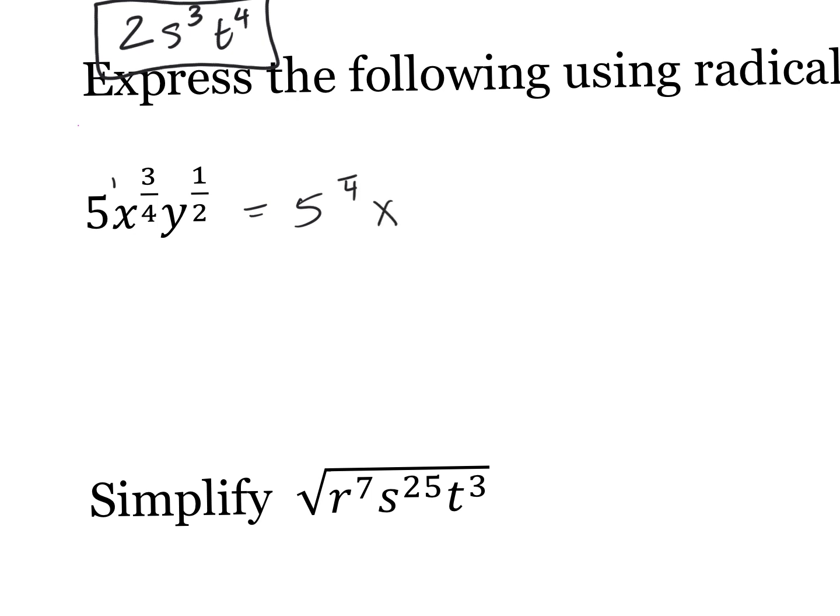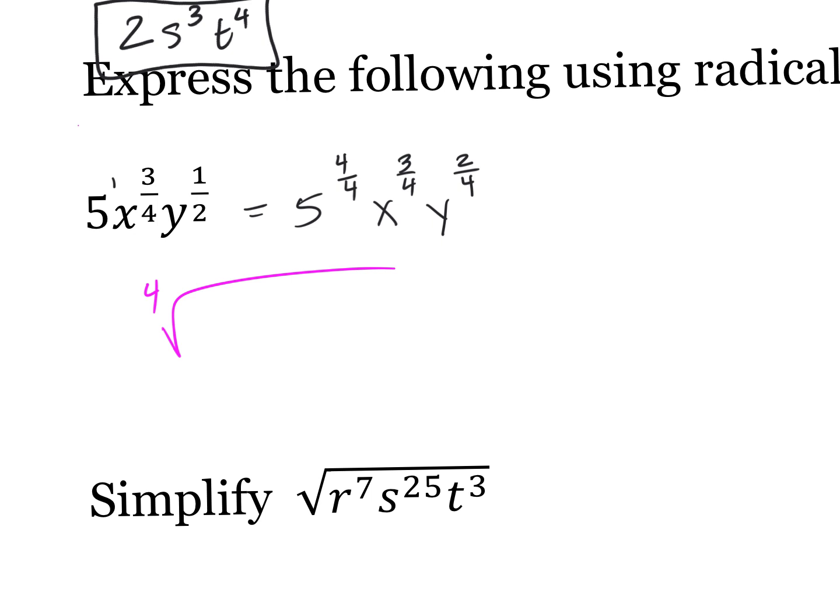So 5 to what fourths would get me 5? 4. Yes, you guys are geniuses. X to the what would have a denominator of 4? Yeah, we don't have to change that one. Y to the what fourth is equal to 1/2? 2/4. They all have the same root now. So they all have the 4th root.